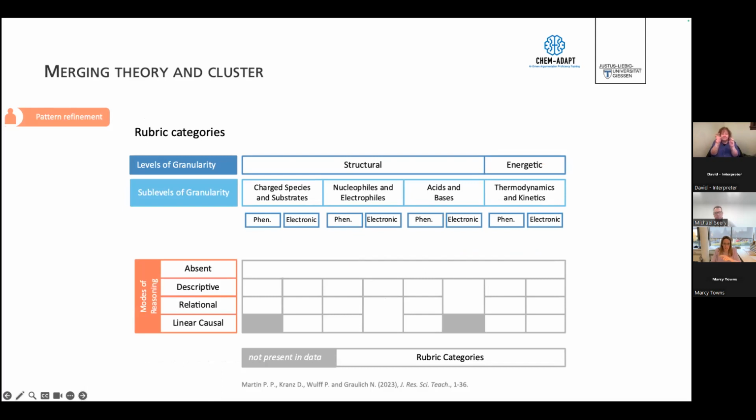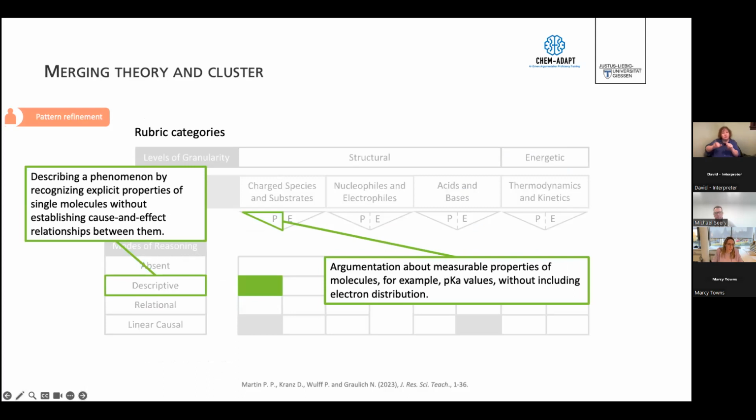All these boxes, 20 boxes, can be described by different aspects: by the level of granularity and by the modes of reasoning. For example, in that category here, P stands for phenomenological.